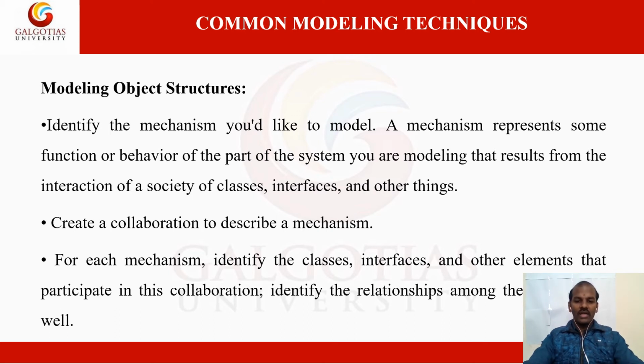To identify the relationship among all the communication, and to provide efficiency, we have to use the multiplicity concept, and we have to use either association, dependency, generalization, aggregation, or composition. So this is the major communication that happens between two different classes or two different objects. This relationship is very useful in your modeling of object structures.